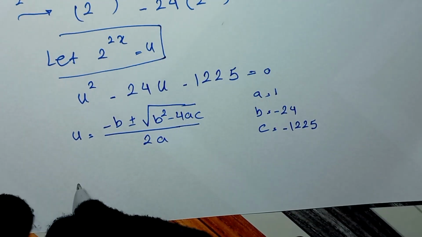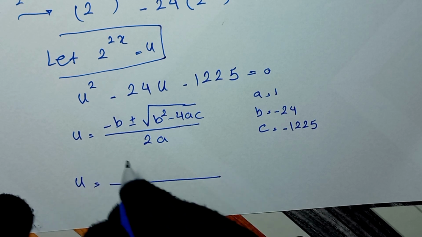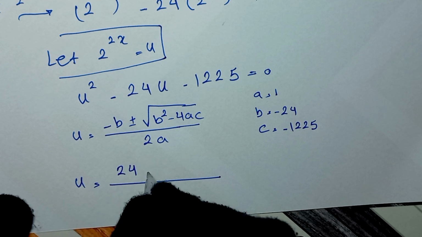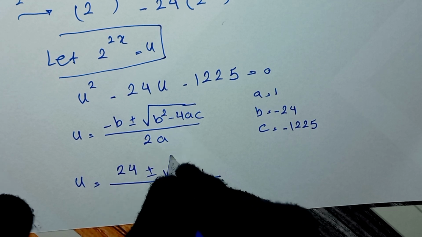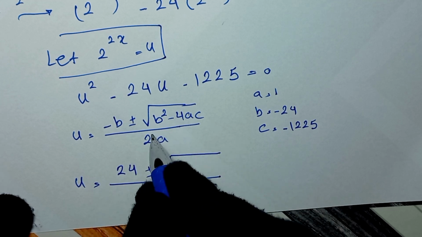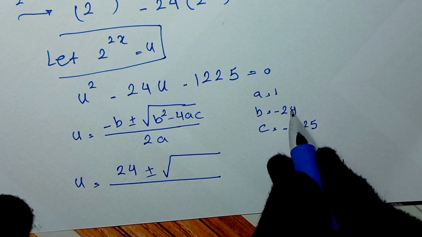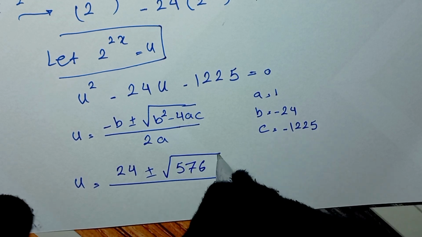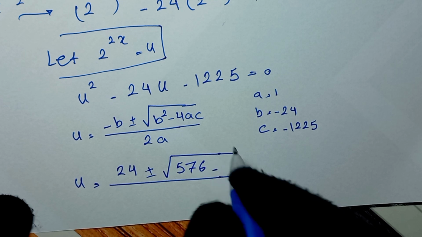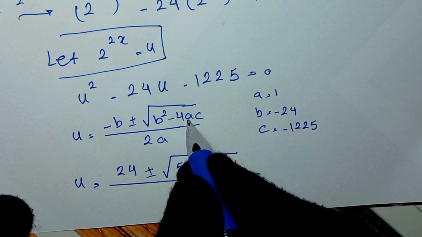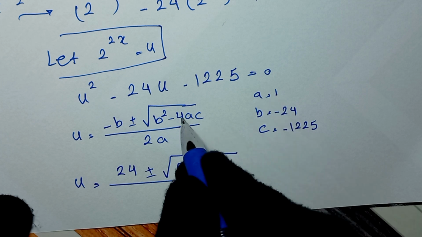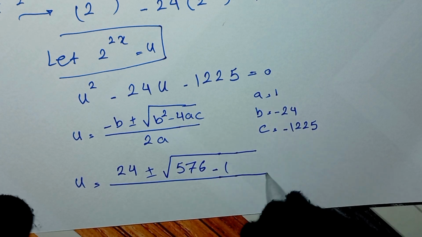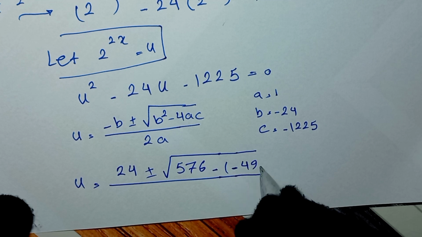So u is equal to negative b, negative 24, it will be 24 plus or minus a square root of b square, negative 24 square, it will be 576, and minus 4ac. 4 times a is 4, a is 1, so 4 times 1 is 4, and times c, it will be negative 4900.